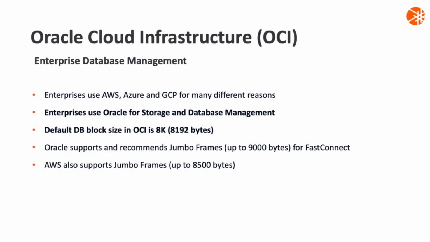You want to use jumbo frames, so the 8K bytes of the database block fits right inside the frame. OCI supports up to 9,000 bytes. AWS also supports up to 8,500 bytes. 8,500 is good enough because 8192 is the magic number, right? So this is one way to treat your cloud as a data center. You want to have that high throughput private connectivity to OCI.